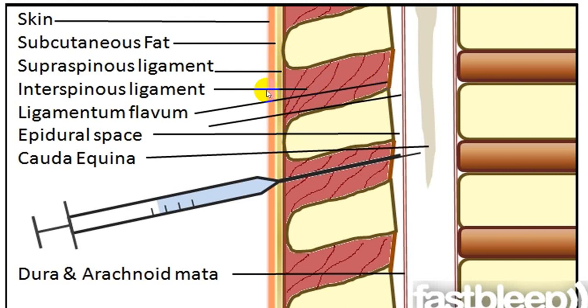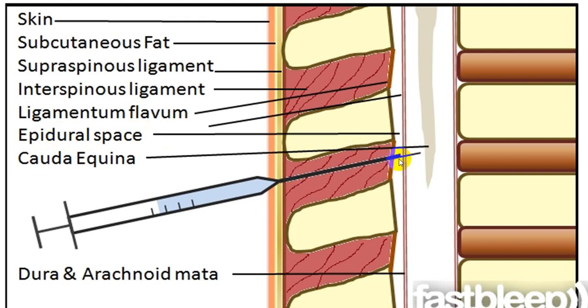Sorry, I should not have said directly you enter there. So first you puncture the skin, fat, tissue, then supraspinous ligament, this will be interspinous ligament, and then this will be ligamentum flavum. And once you puncture the ligamentum flavum, you will touch a membrane which we call as dura mater, and you are in an epidural space.